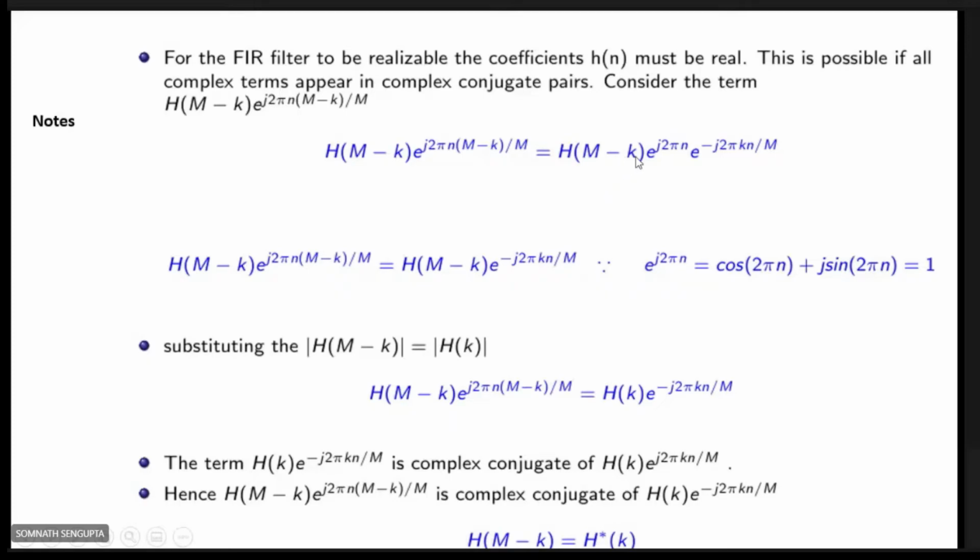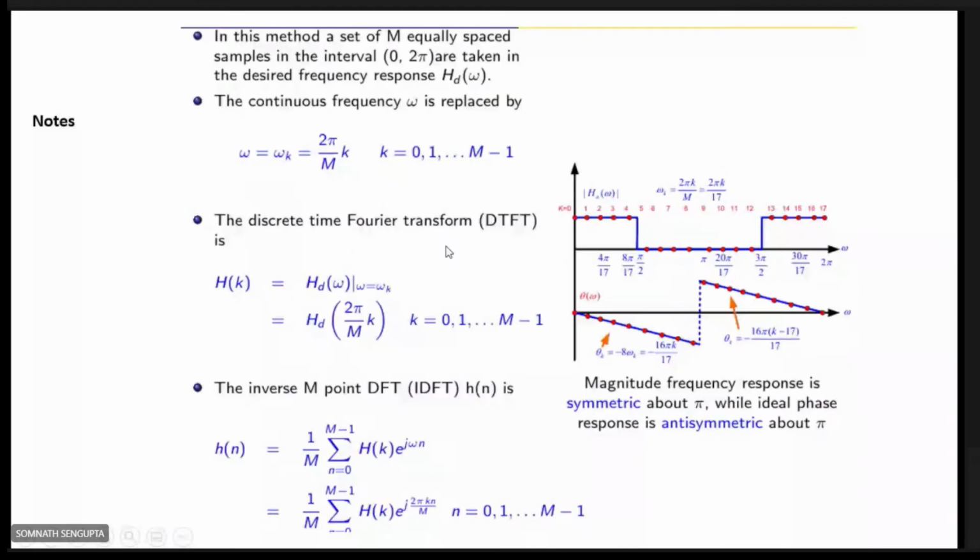You may assume any value, so for any value, let us keep it as the variable h m minus k. So this is one term in the IDFT function.